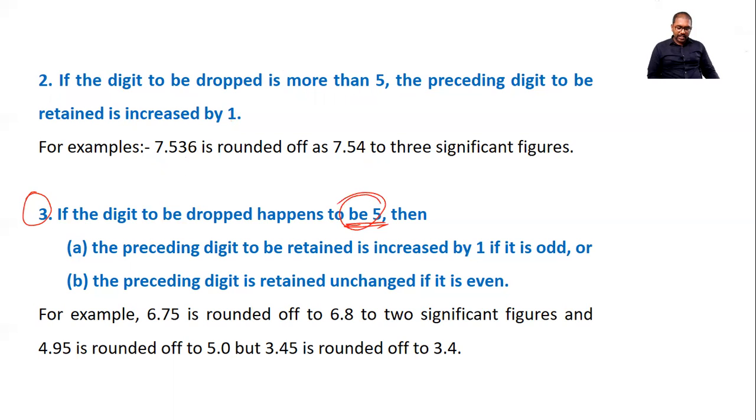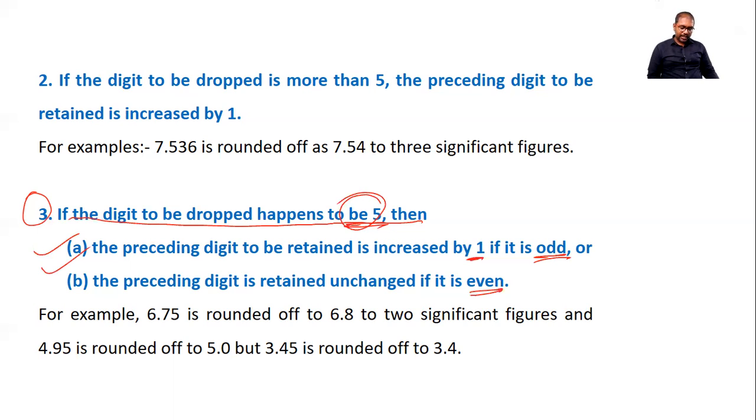The preceding digit to be written is increased by 1 if it is odd. The preceding digit is written unchanged if it is even. If the digit to be dropped happens to be 5, then these are the two rules. Let me explain these two rules with the help of simple examples.